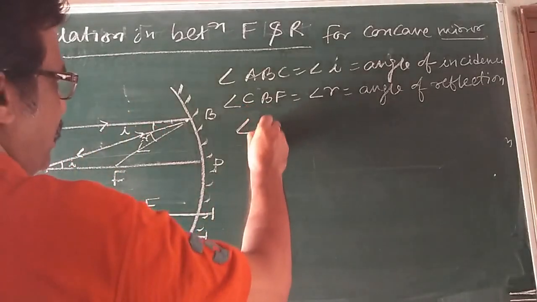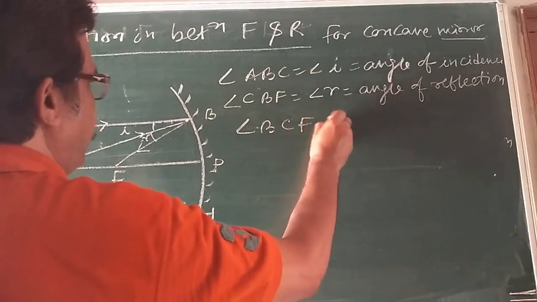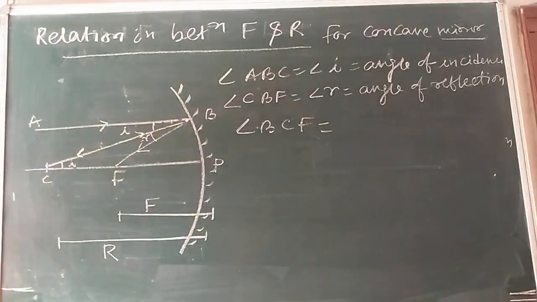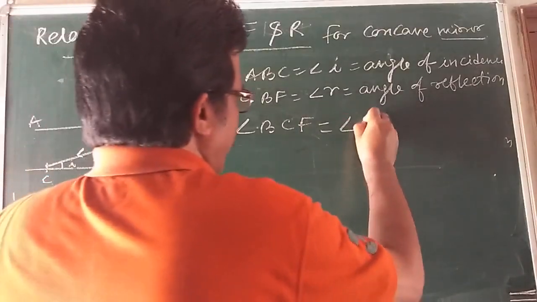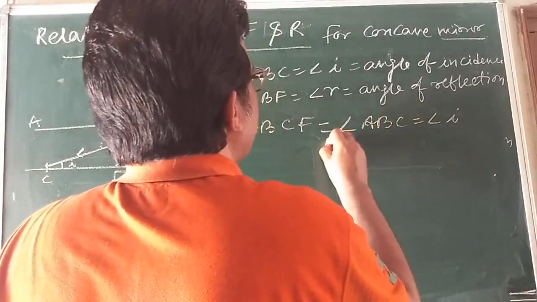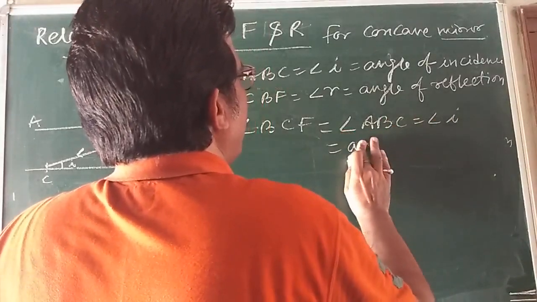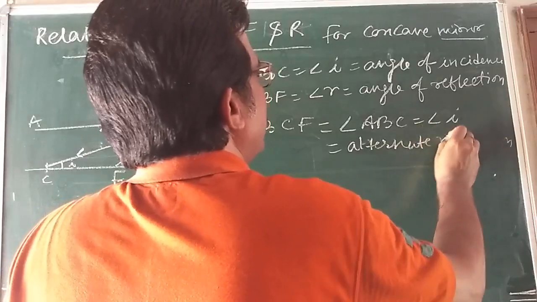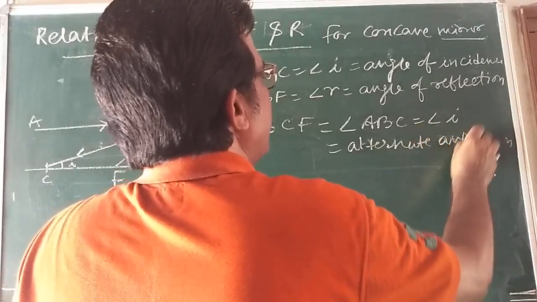Angle BCF is equal to angle ABC, which is angle I. This is called alternate angle.